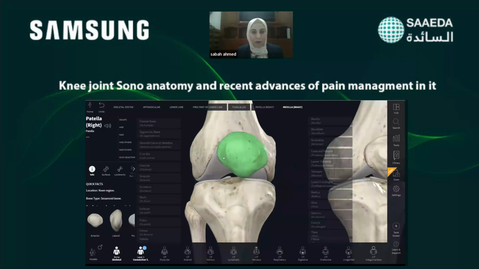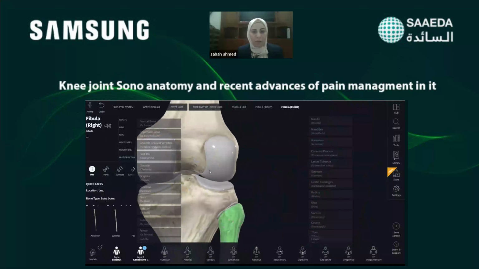The patella has an apex and a base. Its base is directed upward and its apex downward. There is also another small bone, the fibula. It does not contribute directly to the knee joint, but it contains tendons and ligaments that contribute to the stability of the knee joint. So this is regarding the bone anatomy.